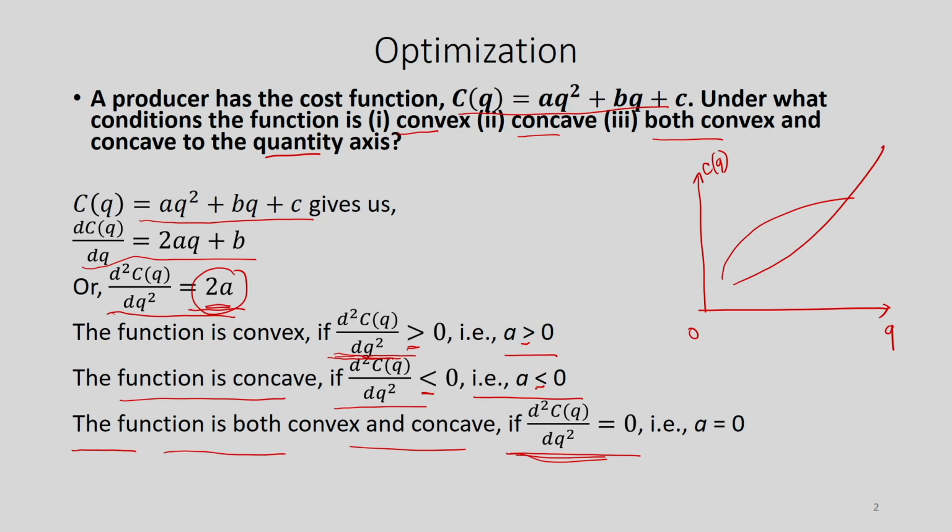So, actually this should be the answer: the function is convex if a is greater than or equal to 0, the function is concave if a is less than or equal to 0, and the function is both convex and concave if a is equal to 0. We are not talking about strict convexity or concavity, but convexity and concavity in a weak sense, and therefore we are getting these results.